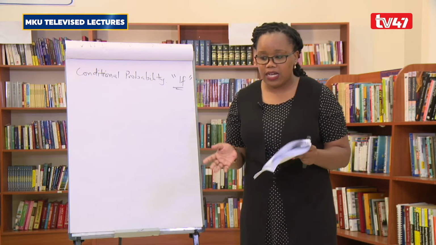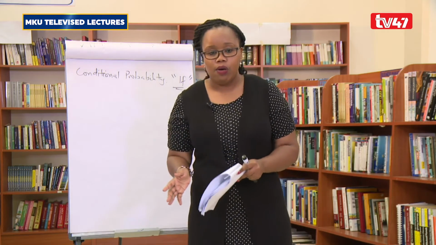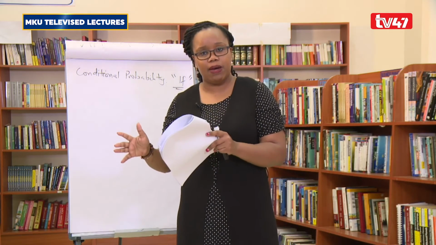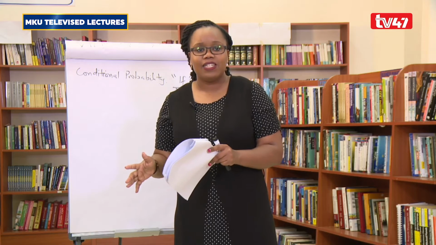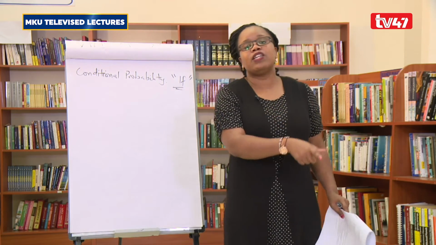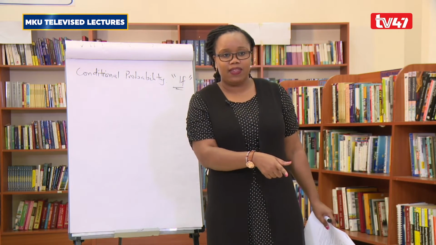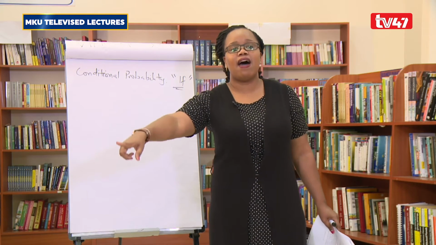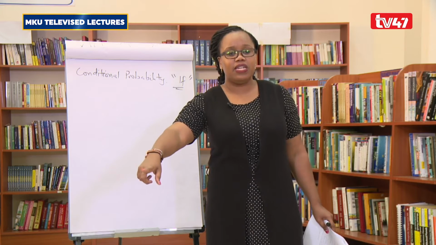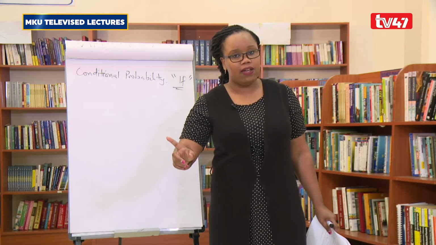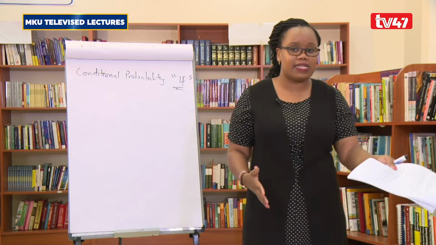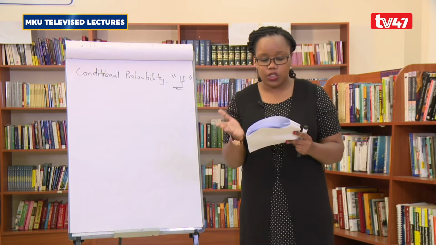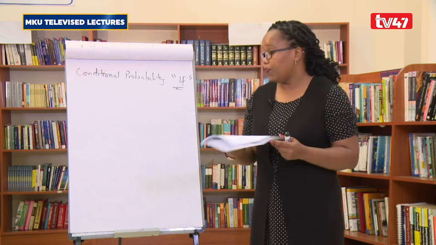In order for a child to go to pre-primary 2, they must have cleared pre-primary 1. So there's a condition for a child to be in pre-primary 2. They can only be in pre-primary 2 if they have successfully finished pre-primary 1. So there's a condition to go to the next level, which ideally explains conditional probability.